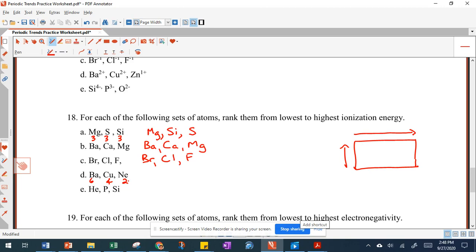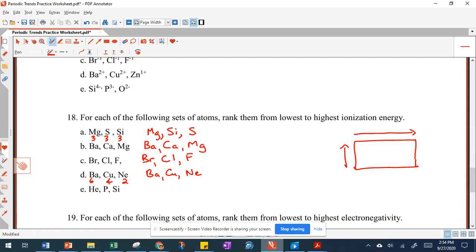Neon's the smallest. Also, neon, you're taking electrons away from a very stable configuration, so that's going to have the highest ionization energy. Then we have barium is going to have the lowest because it has the most energy levels, and copper is going to be in between.